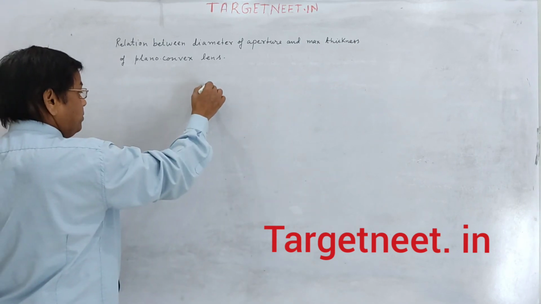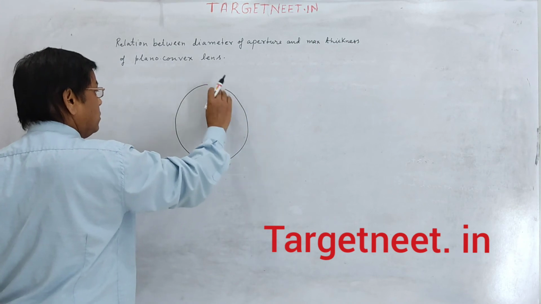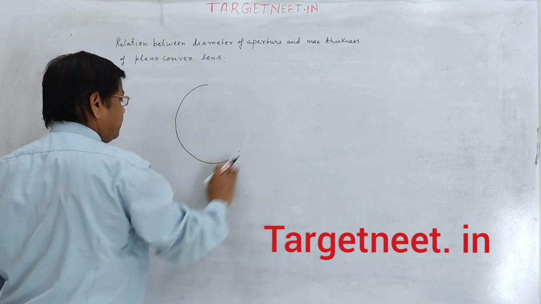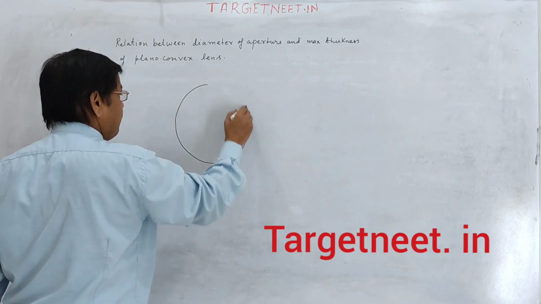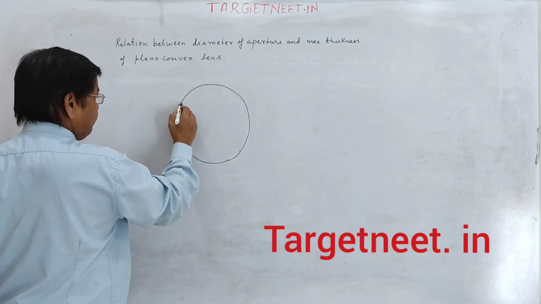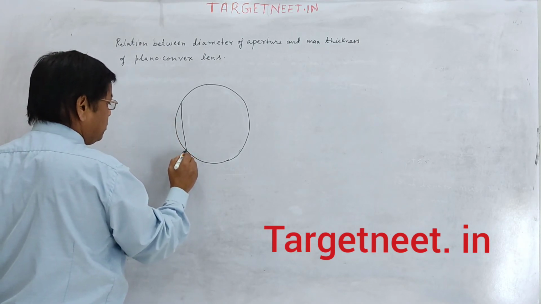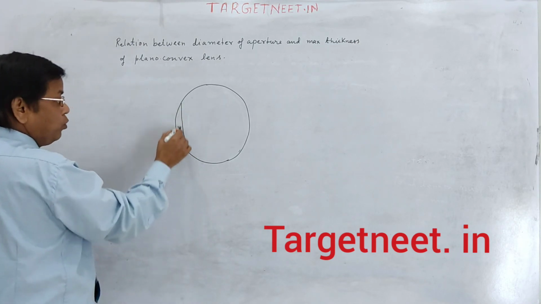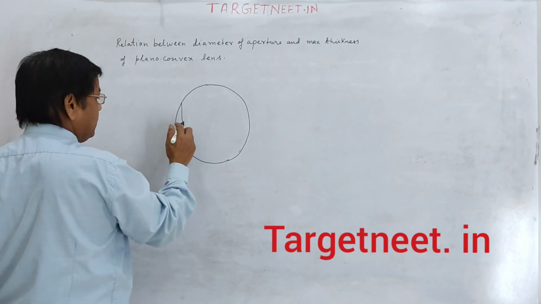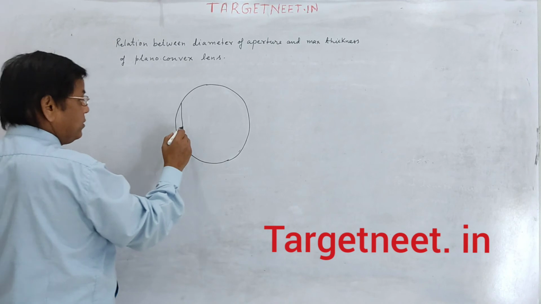You know, suppose this is a glass sphere. If I cut this much part, so this is a plano-convex lens. This is the maximum thickness of this plano-convex lens.